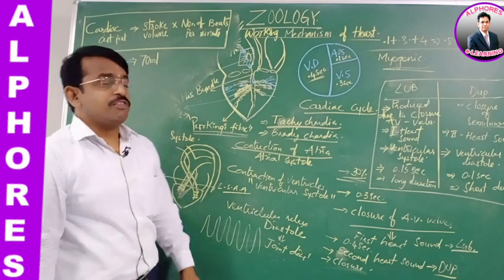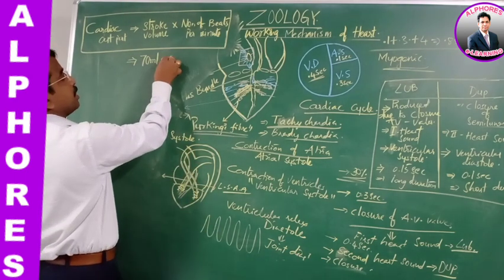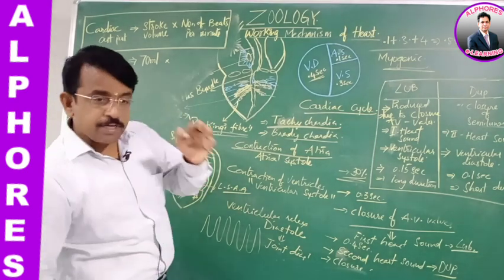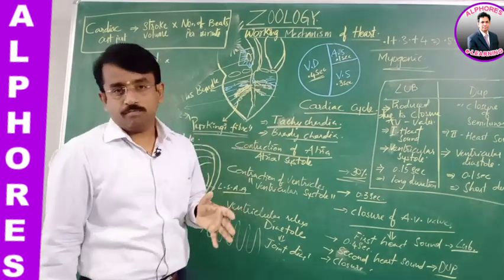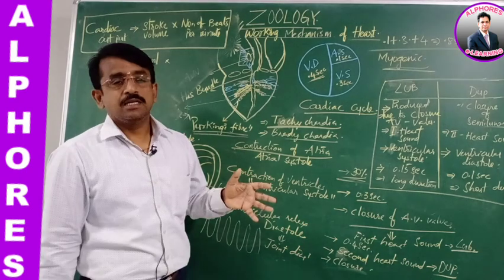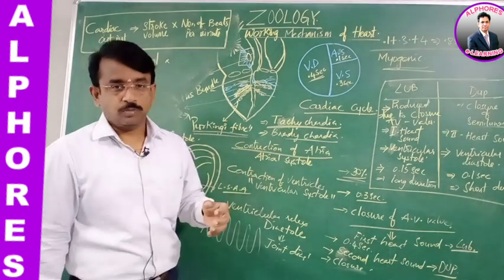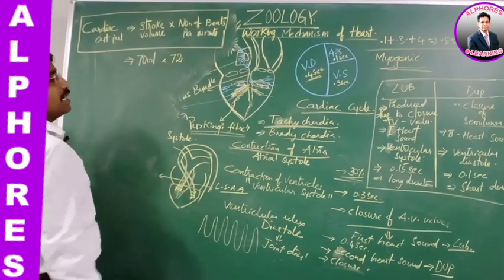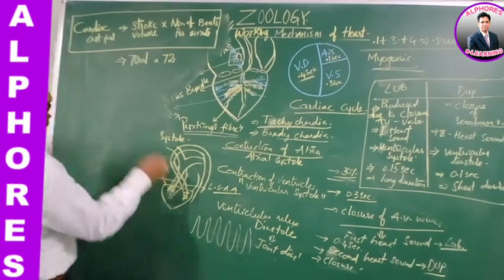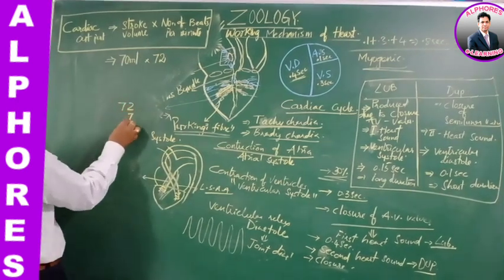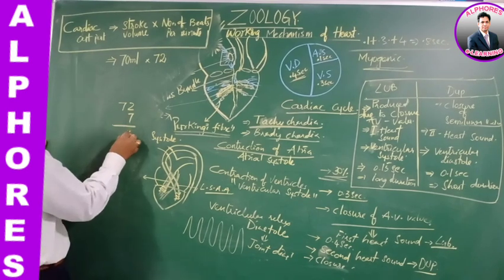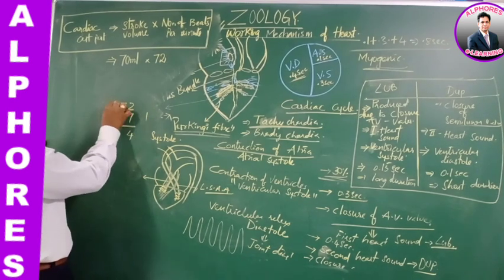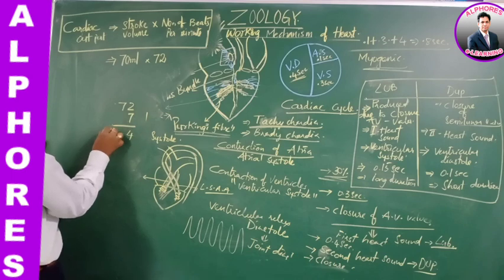Next, the number of beats per minute. How many have we seen? 70 to 80, at an average 72. Let's calculate. If it is 72, 72 into 70: 7 2s are 14, 7 7s are 49 plus 1, 50.